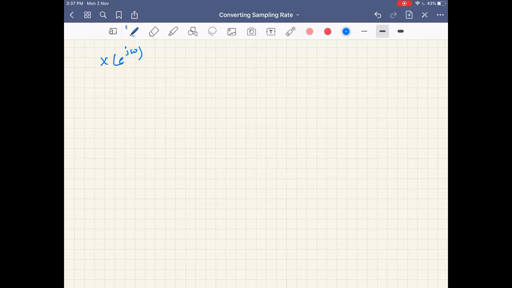We have x[n] here, and from this x[n] we would like to get x'[n]. This x[n] has time period capital T, which is sampled from xc of t, the continuous time signal.